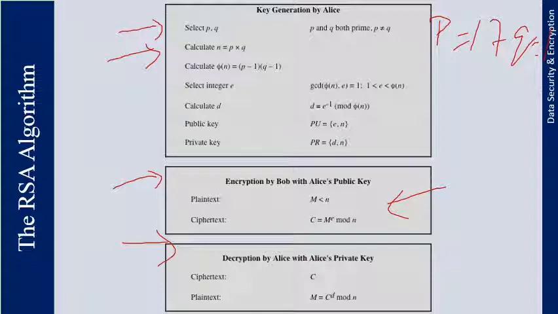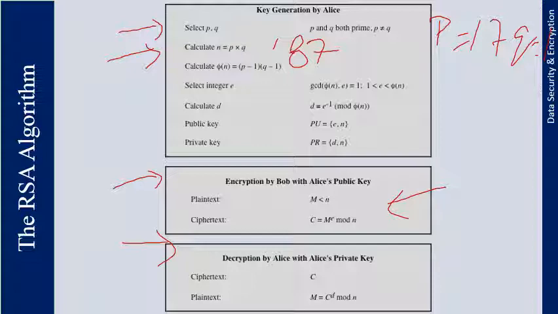As for this example, if we multiply 17 by 11, the resulting n will be 187. Next is to calculate the totient of the function n, which was discussed in lecture number 5.